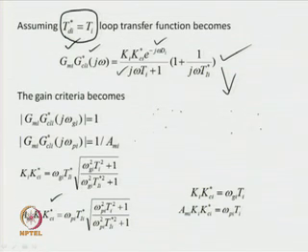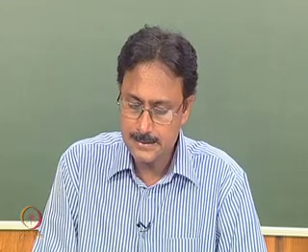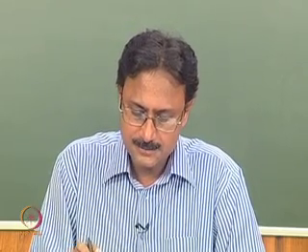Next, we shall make some assumptions in designing controllers for the TITO process. What are those assumptions? One can easily assume ω_gi T_i to be large compared to 1. So, when ω_gi T_i is greater than 1, that gives us the numerator as ω_gi T_i only.